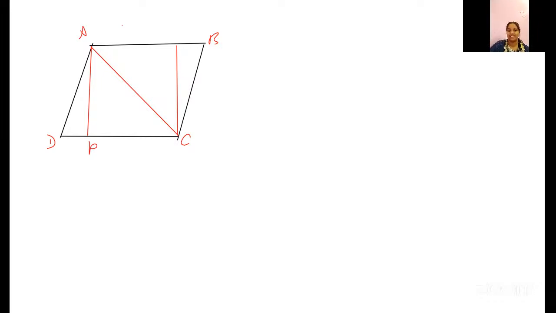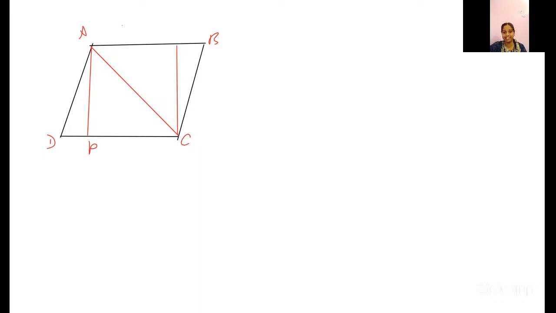Ma'am, how many triangles do we have to make? 6 or 4? You can put 4. 10 triangles. 4, 5, 6. Okay, that's all the triangles that we are going to do. Now, ma'am, explain how to put 10 triangles.